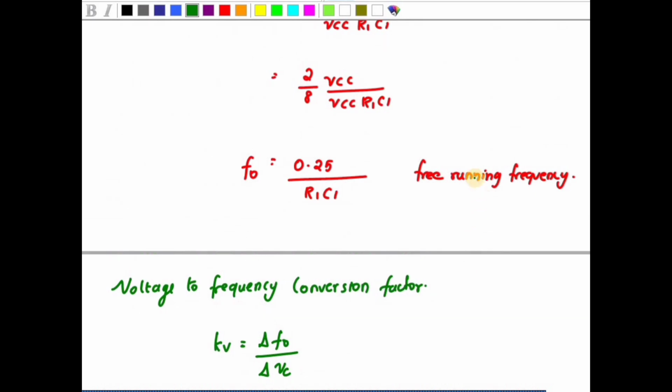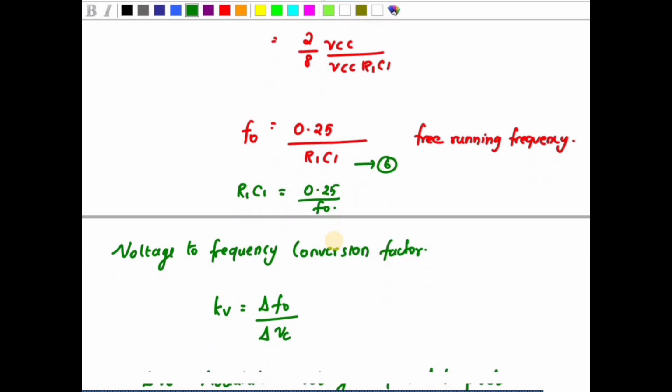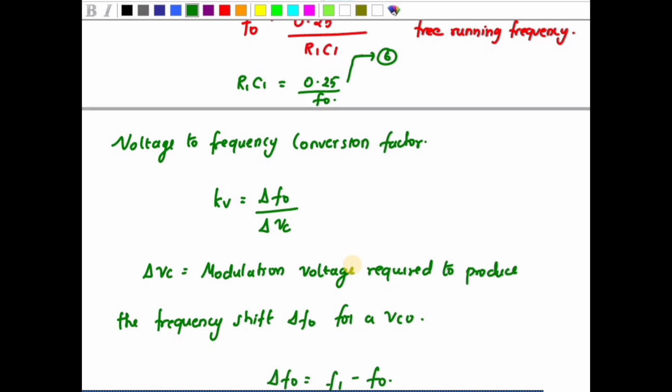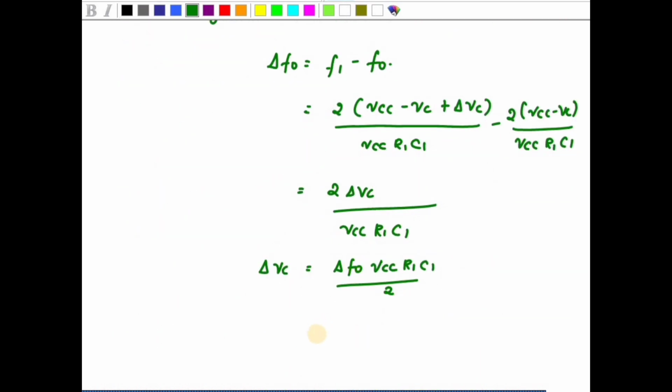So from equation 6, I can write R1 C1 is equal to 0.25 of F naught. So you substitute this sixth equation in this formula.